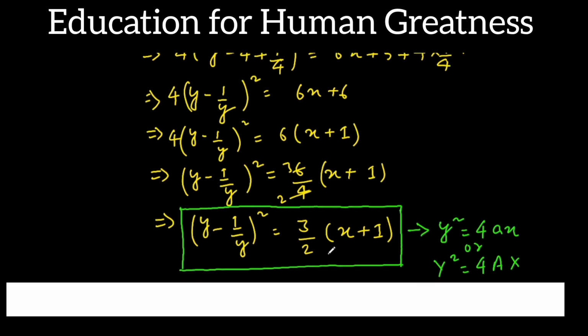Now just compare this equation with the general equation, that is, Y² = 4AX. Small y is already involved here, that's why we will use capital Y, capital A and capital X. So Y² = 4AX.